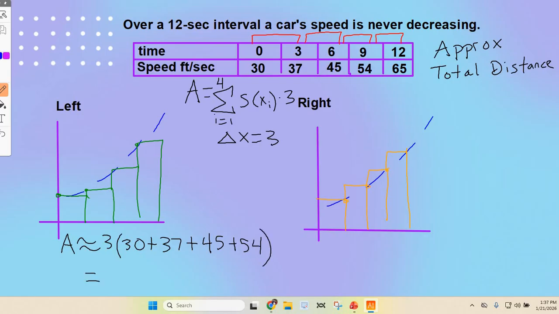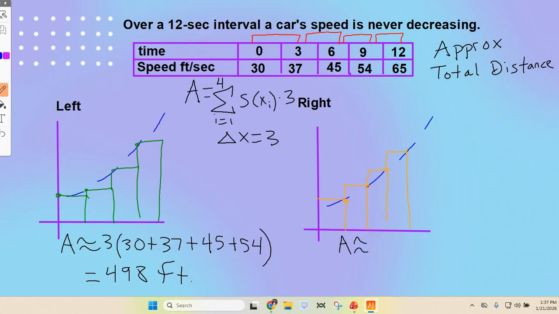And then from there, if you add those all up and multiply by 3, you should get 498 feet. I'm pretty sure that all of us can plug that into our calculator accurately, so I'm not super worried about that. Now, which number for my second one, if I'm doing a right approximation, am I not going to use?